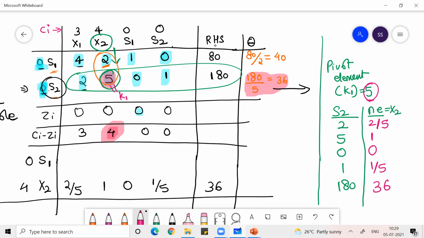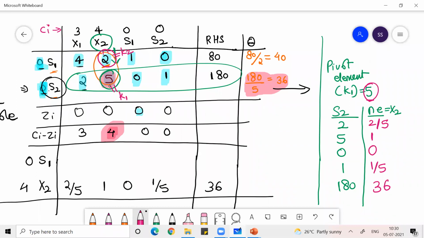So 5 is called the pivot element. For the column s2, 5 was the pivot element. Similarly, for the row s1, 2 is the pivot element.